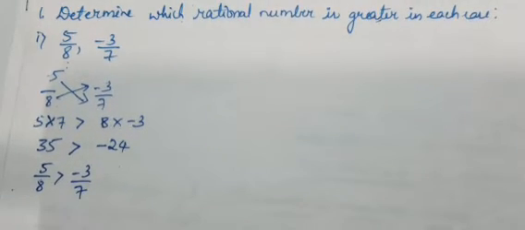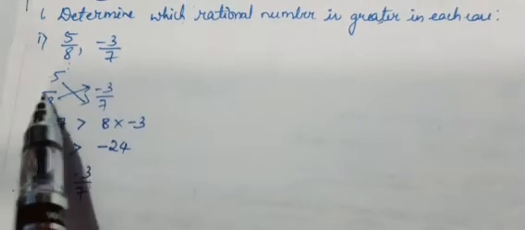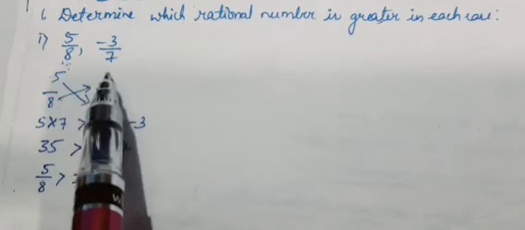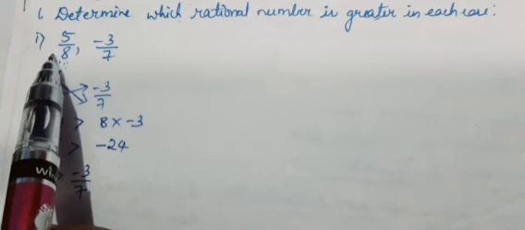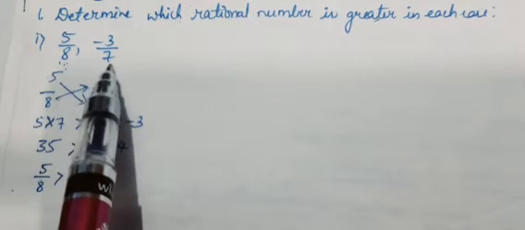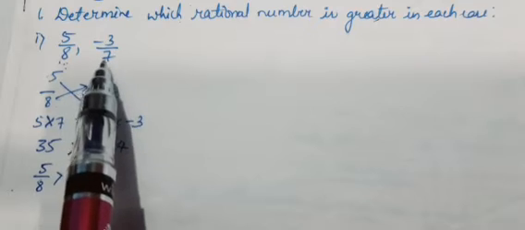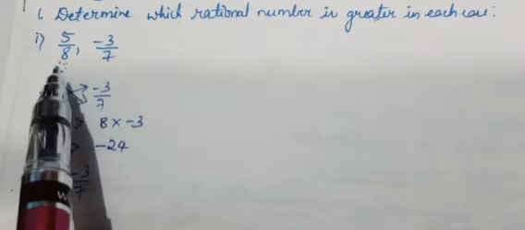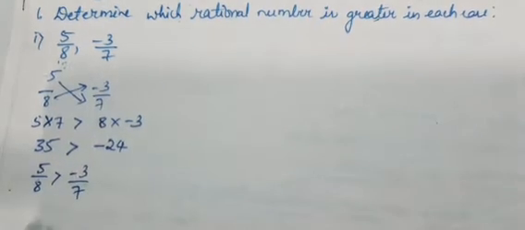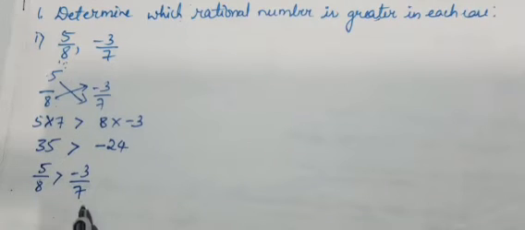Or by simply observing also, we can say that 5 by 8 is greater than minus 3 by 7, children. Since 5 by 8 is positive rational number and minus 3 by 7 is negative rational number. If you imagine this on the number line, you will get the answer as 5 by 8 is greater than minus 3 by 7.